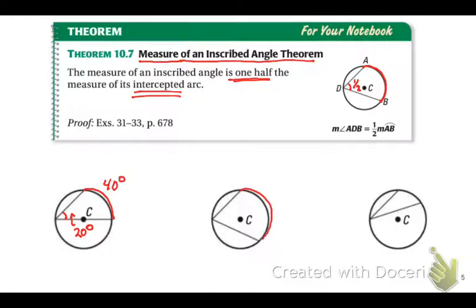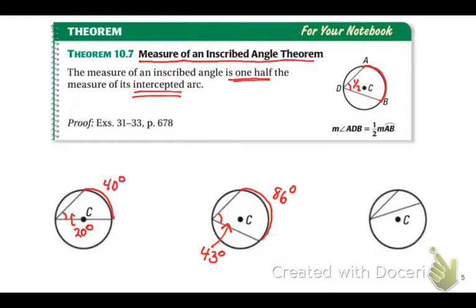So we're going to make that arc like 86 degrees. Okay, so this angle would be 43 degrees.